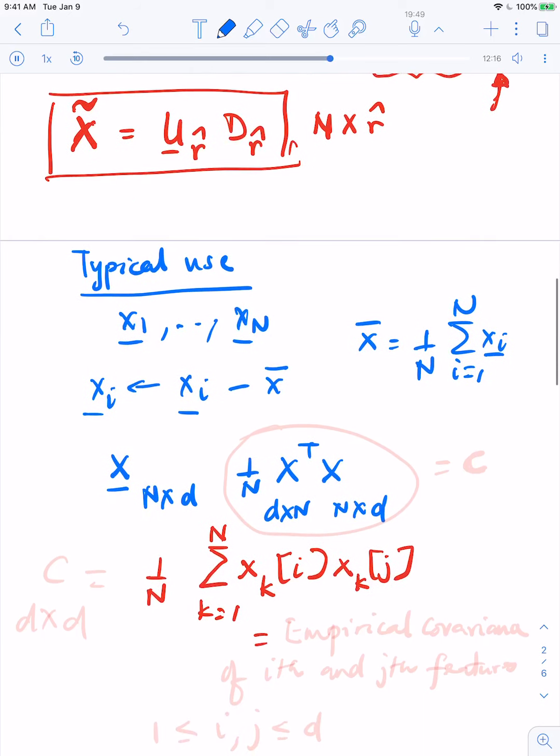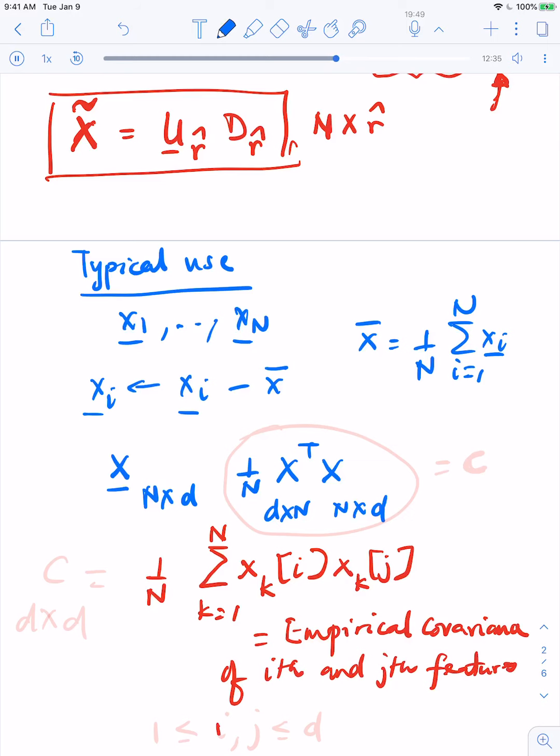So this is basically the empirical covariance of the ith and jth features, right?